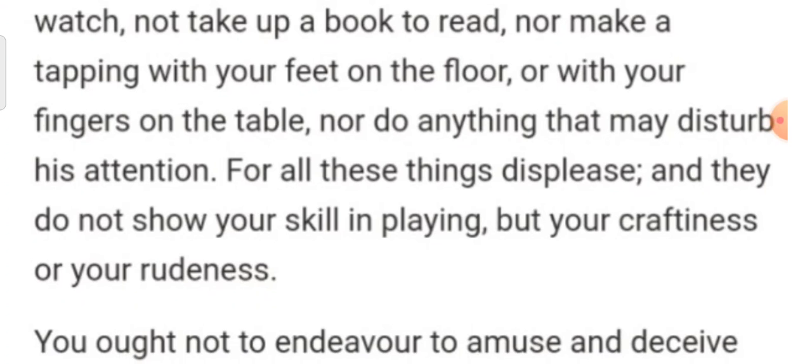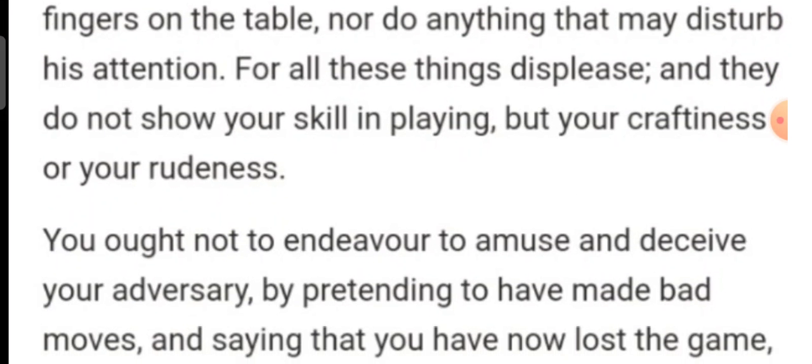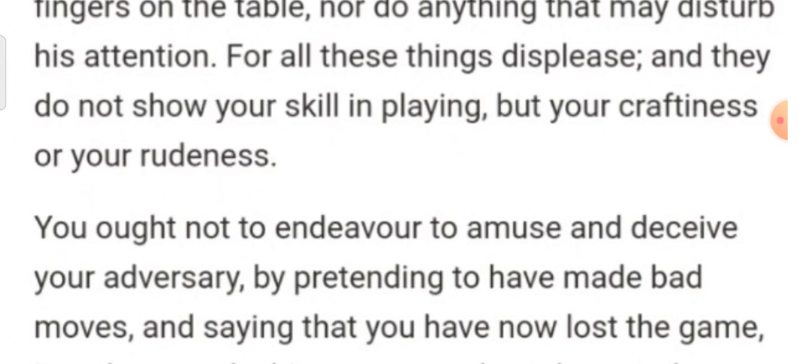For all these things displease, and they do not show your skill in playing. These habits show that you are not a skillful player. If you do such things, even in your life, people will not say that you are a very good person in your life. But your craftiness or your rudeness will be shown in the game.